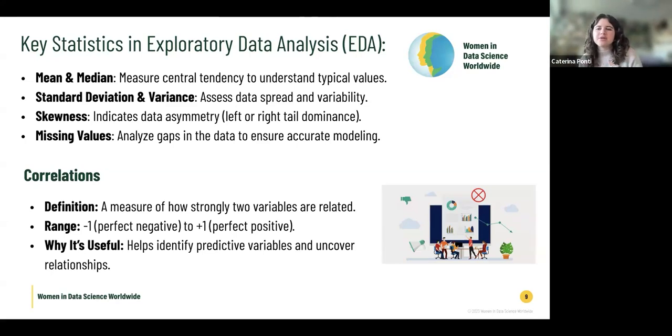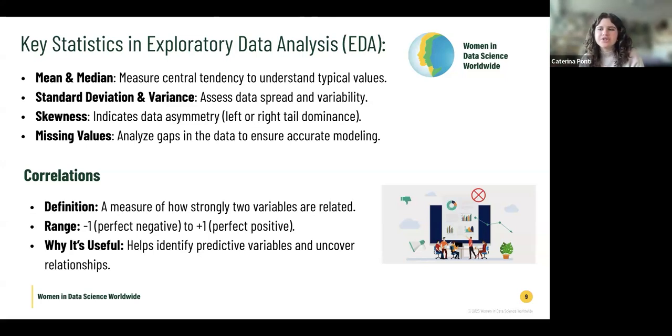An application of correlation is that a high correlation might indicate that one variable is useful in predicting another one. The range is from -1, perfect negative, to +1, perfect positive. High correlation, so values closer to +1 and -1, indicates a strong relationship between the variables. And I'll give you an example in the next slide.